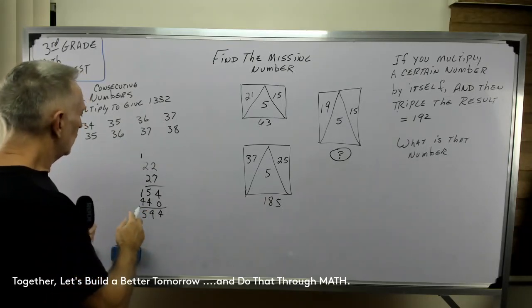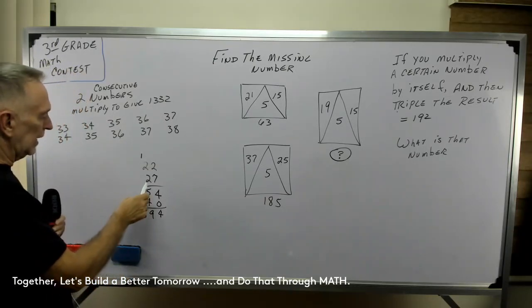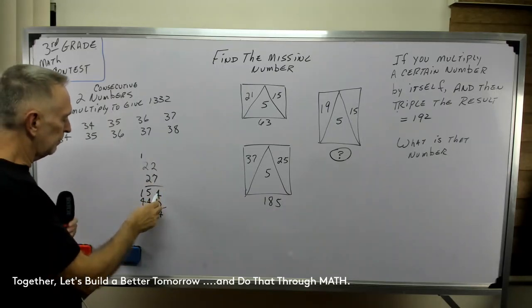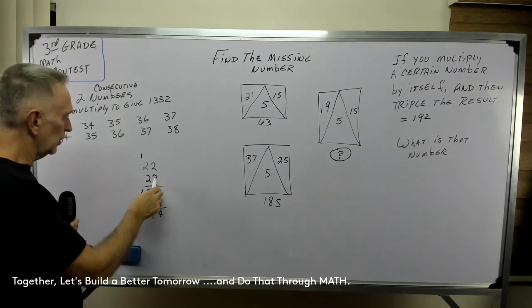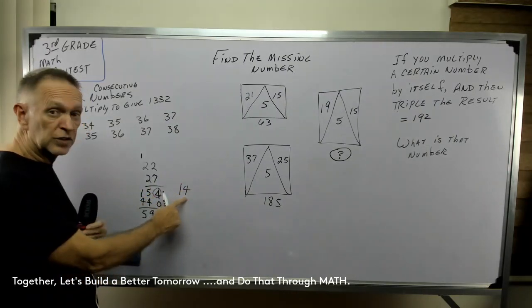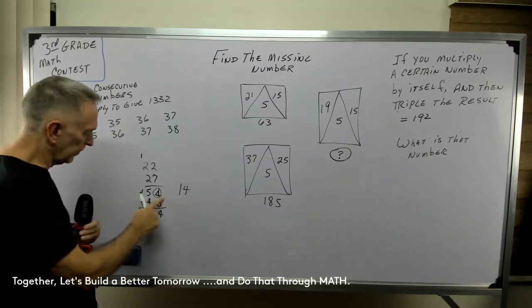Okay, well, if you think about this, 7 times 2 gave me 14. So I have 14, but the ones digit was the 4.